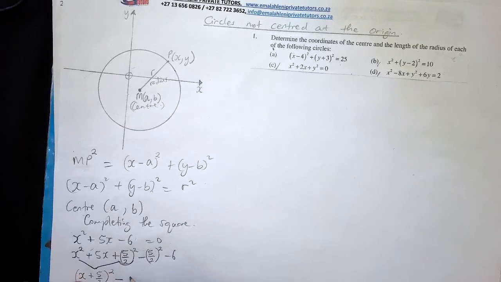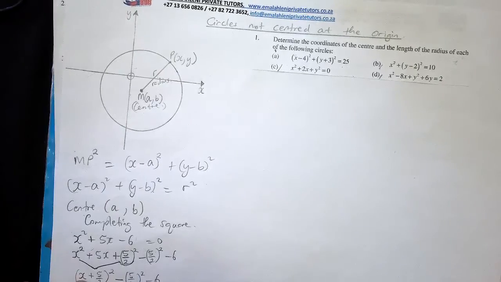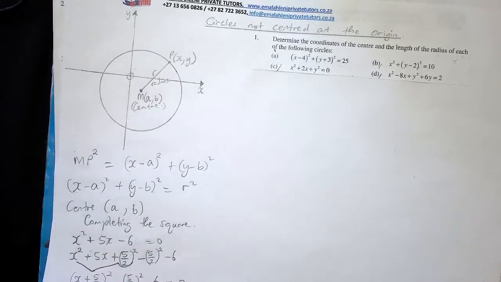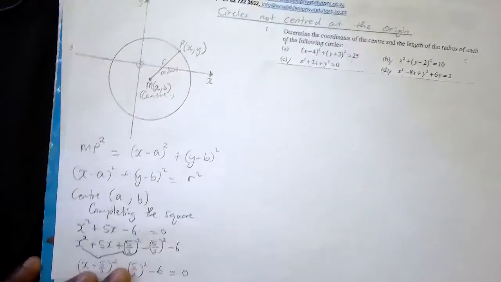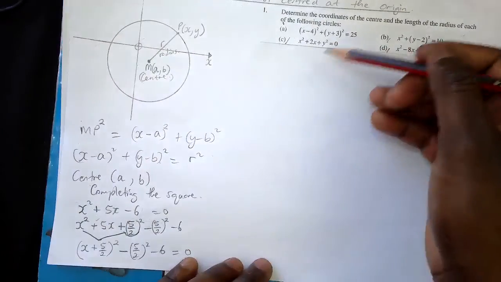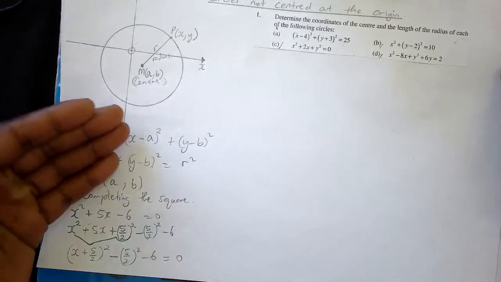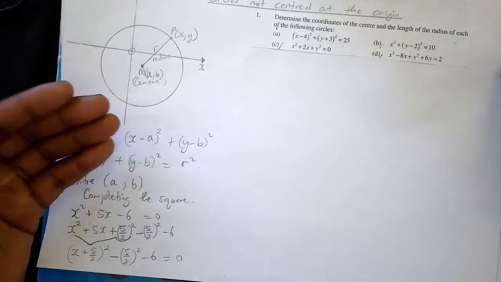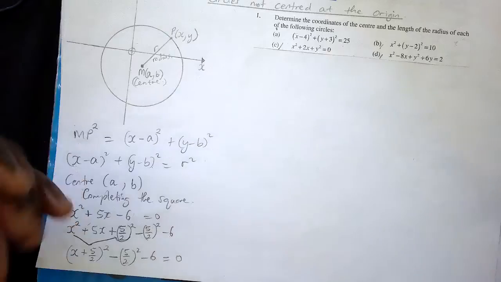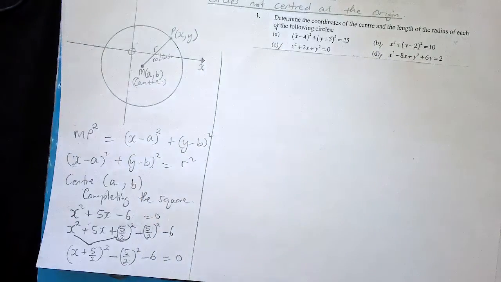Then here, minus (5 over 2) squared minus 6 is equal to 0. Then you can take these across the equal sign. That's what you must understand. We're going to be dealing with it when you're trying to find the coordinates of the center when you're given a complicated equation. You need to apply completing the square. I will just do it now for you.